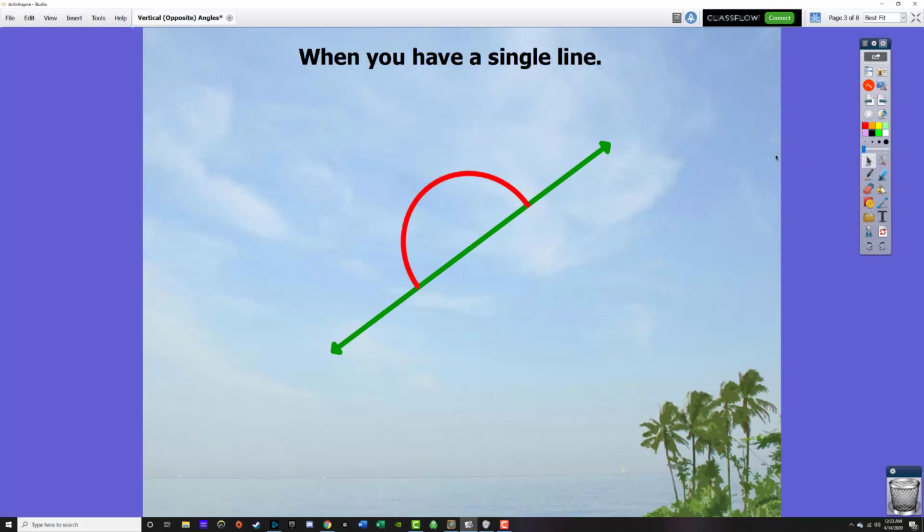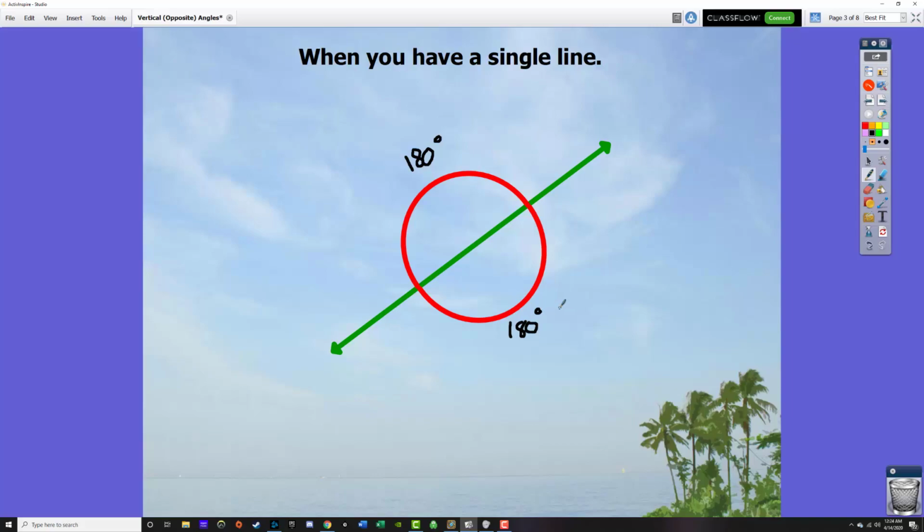That is a straight angle, and that is going to be equal to exactly 180 degrees. And we also have another angle on the other side of this line here. This is also a straight angle, meaning that it is equal to 180 degrees.